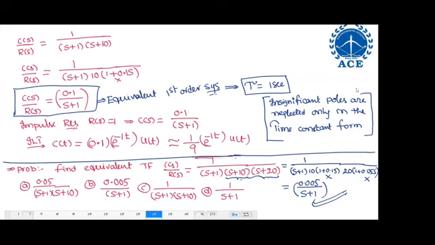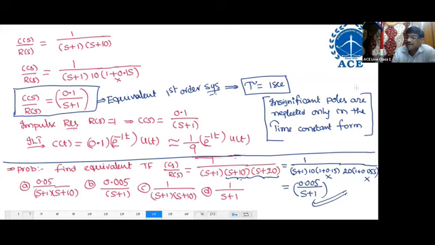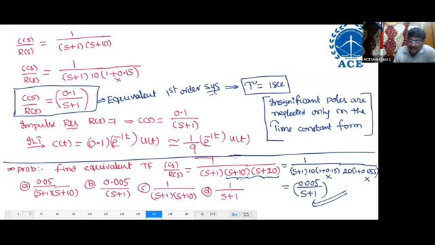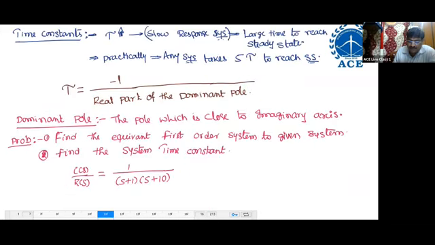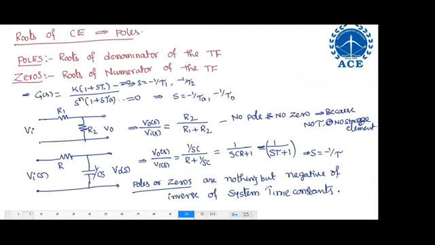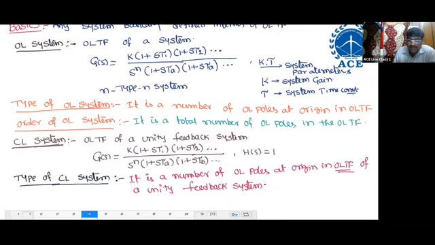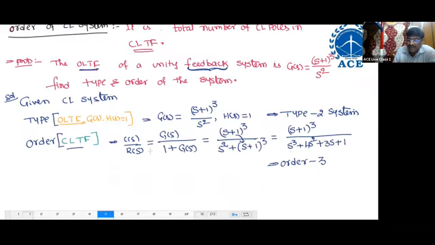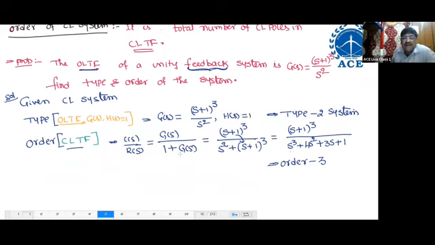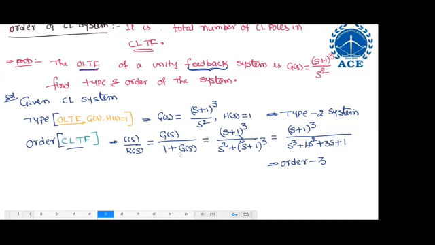Next, Abhinav. Hello, sir. Tell, man. Sir, how did we get C of S by R of S equal to G of S by 1 plus G of S? That is the closed loop transfer function, no?